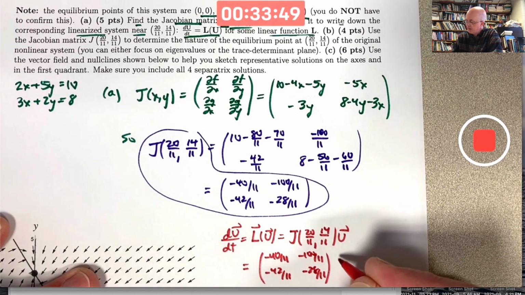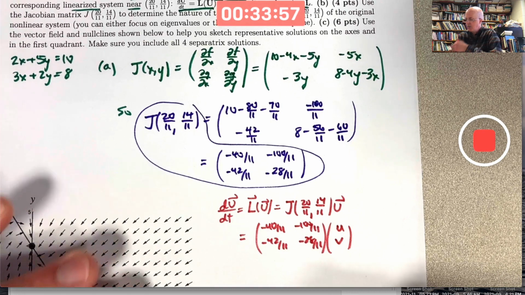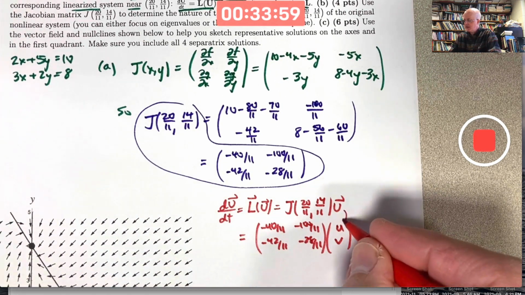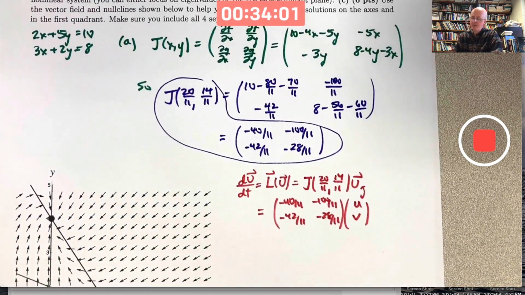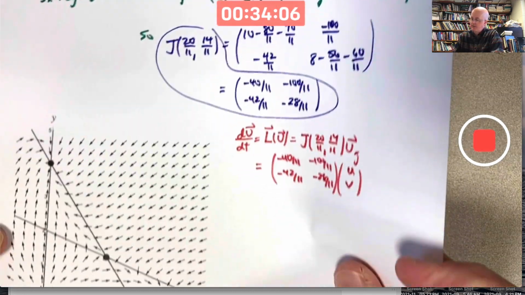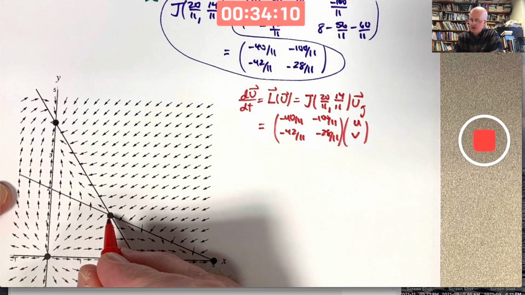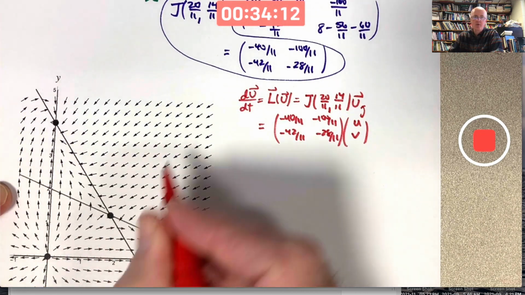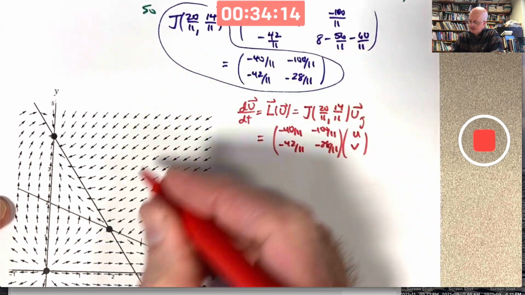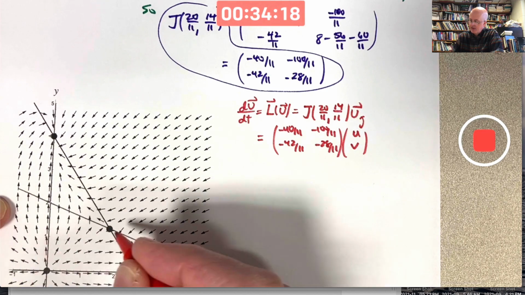I could go ahead and write a u here. I could also write components if I want, maybe. Maybe call them little u and little v instead of vector u. That's okay. What does u represent here? It represents essentially a change of coordinates that translates the origin to this point right there, which is the point with coordinates 20/11, 14/11. 20/11 is a little less than 2. 14/11 is a little bit bigger than 1.